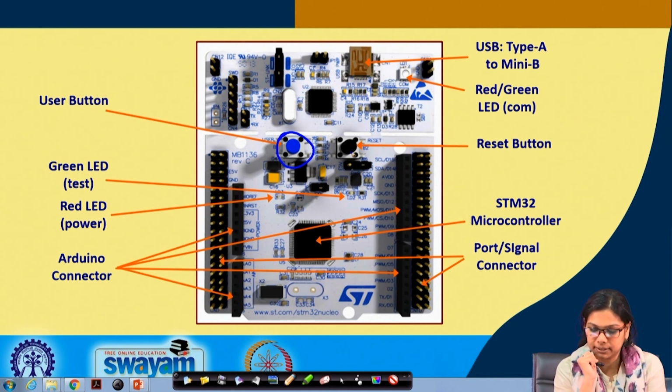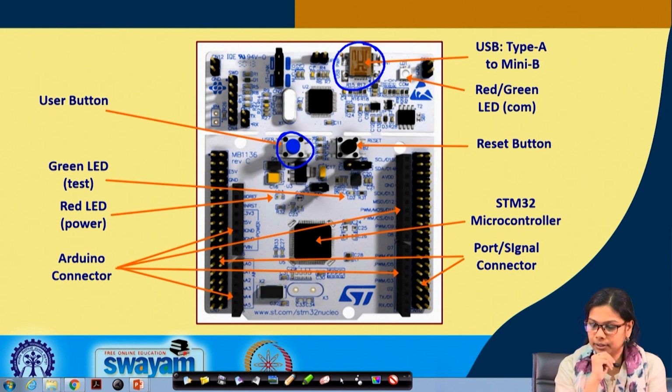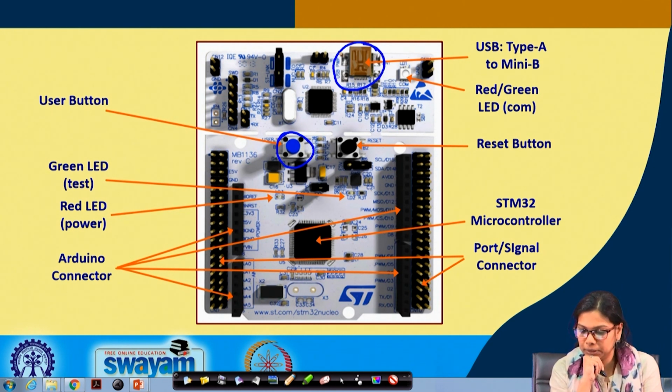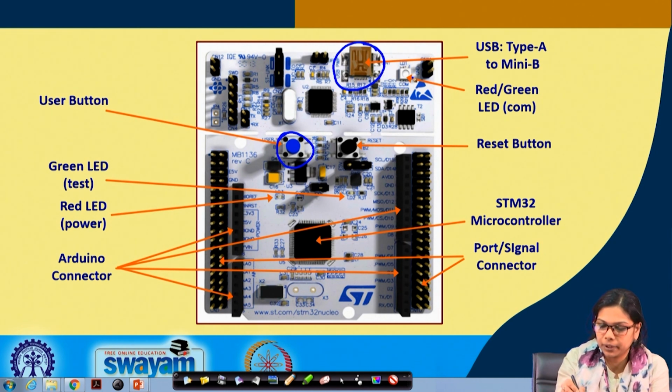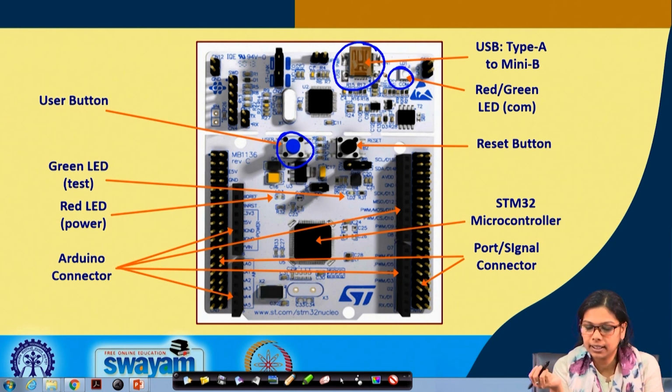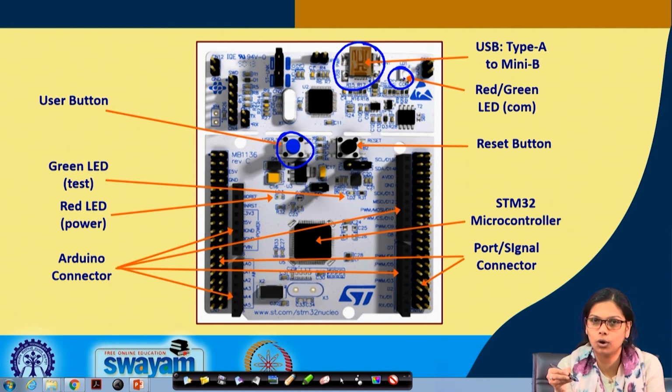This is the reset button, which will be used to reset the device. Here is the connector I was talking about, type A to mini B, and there is a red green LED. Whenever you dump a code here through this USB, you will see that this green and red LED will glow. We'll look into all these aspects.